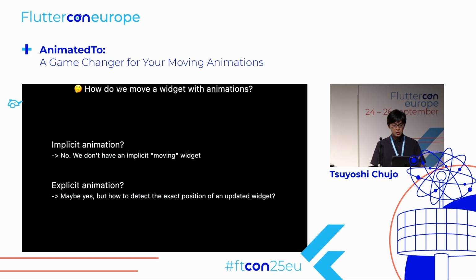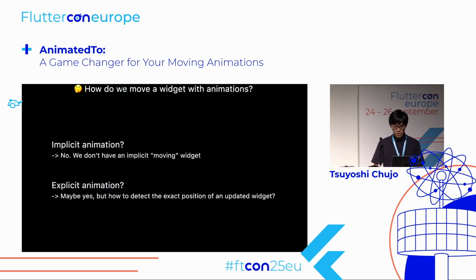So what about explicit animation? Can we make the animation from point A to point B with explicit animation, like using the AnimationController? Yeah, maybe yes, as long as we can detect the offsets of the from and to.